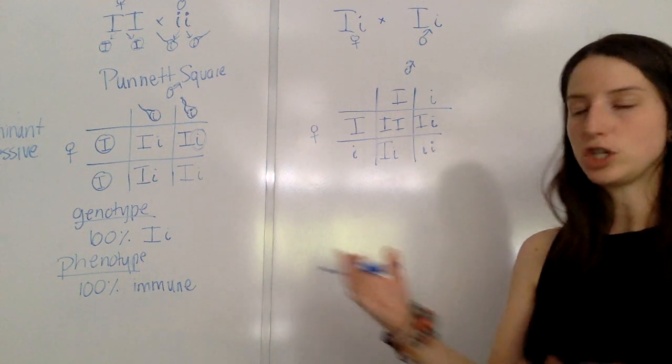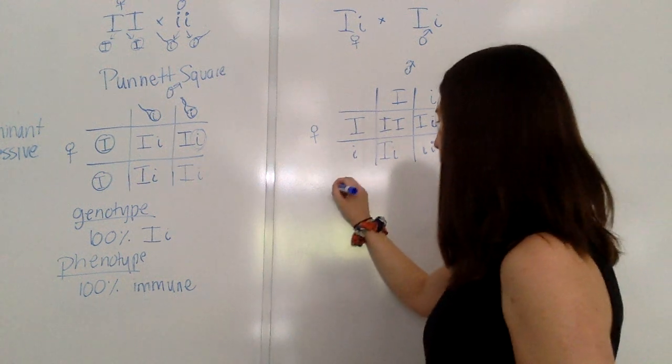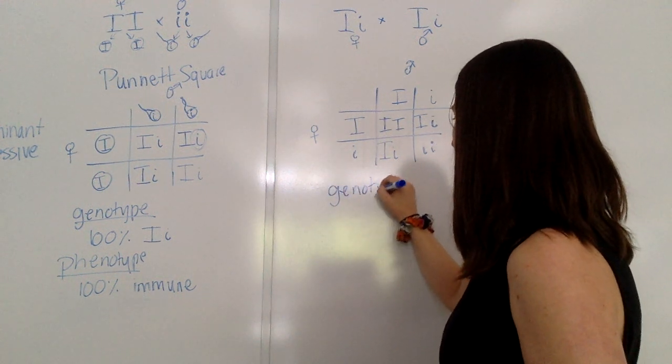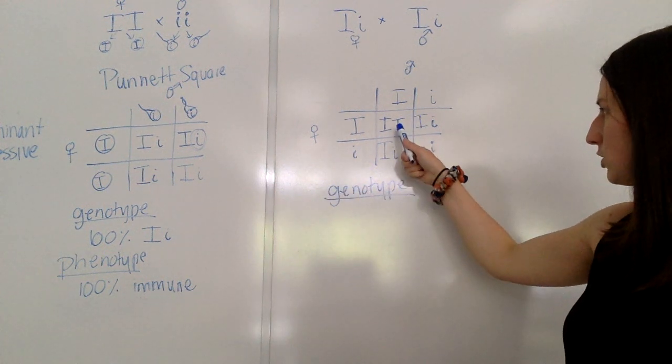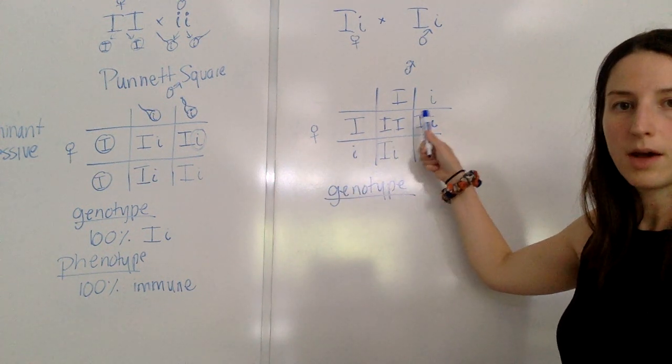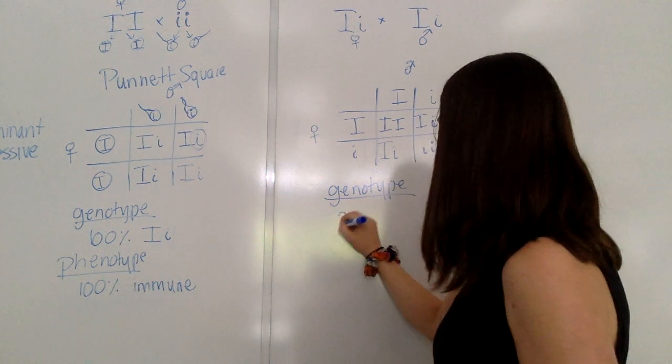Okay, so let's do the genotype and phenotype breakdown for these people's offspring. So genotype, we have got 25%, so 1 out of 4 is homozygous dominant.